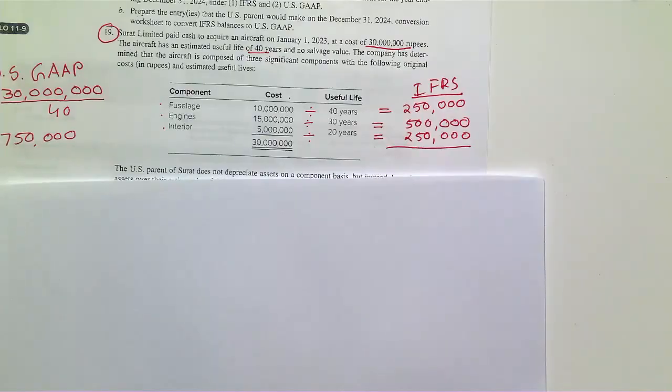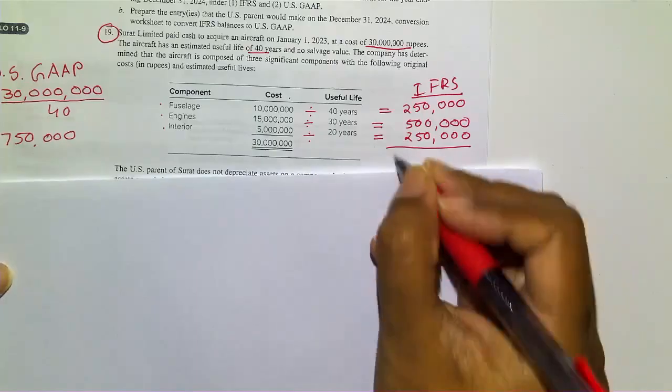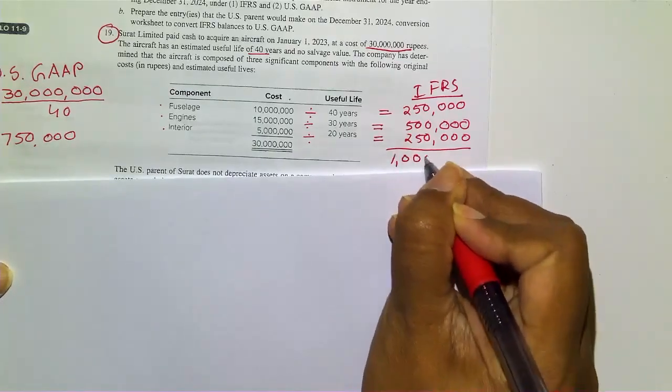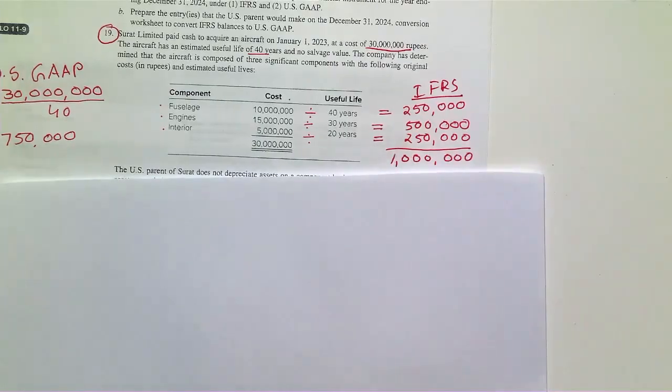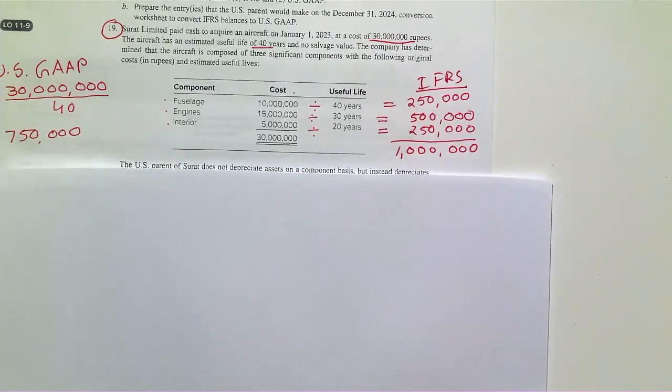Okay. 1 million, right? So you see that just because of two different depreciation methods, your depreciation expenses are completely different. Now I told you a bit last class, which company will have higher expenses? These are depreciation expense. Which company, the GAAP company or the IFRS company, will have higher expenses?